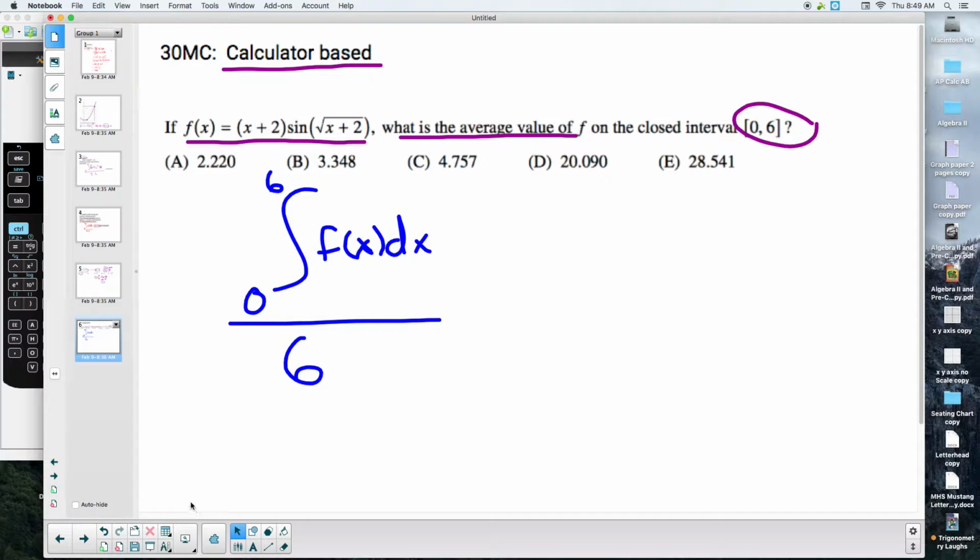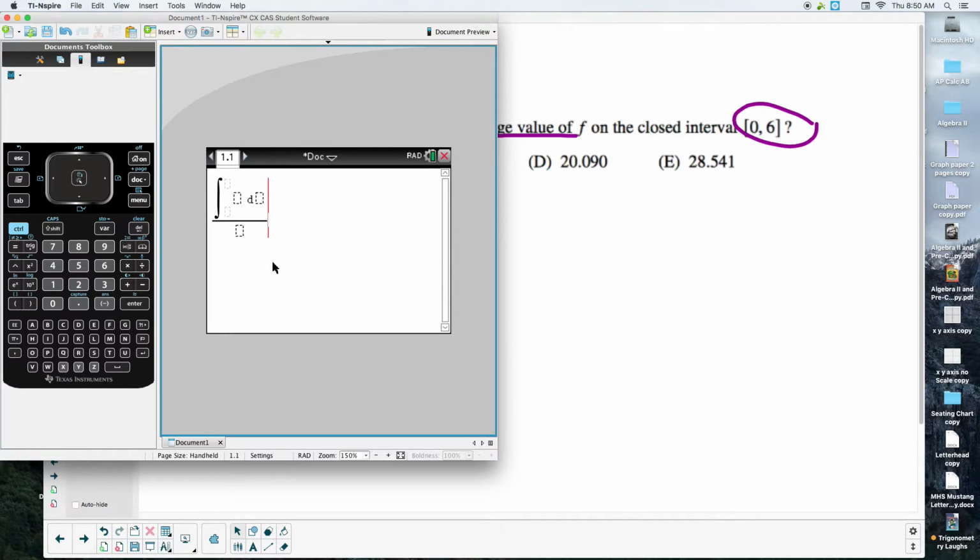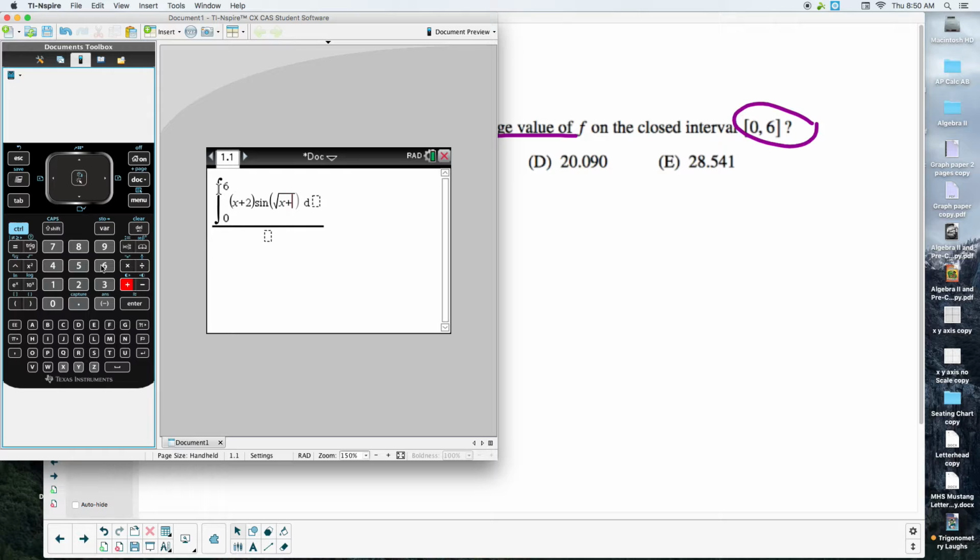All right, now it's just a matter of plugging it in. We'll do our fraction. In the numerator, we'll do our integral from 0 to 6 of, in this case, x plus 2 times the sine of the square root of x plus 2 with respect to x, over 6 minus 0.